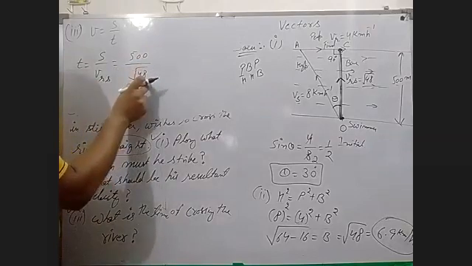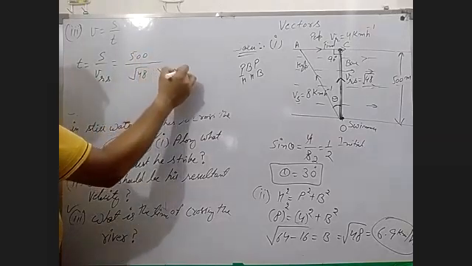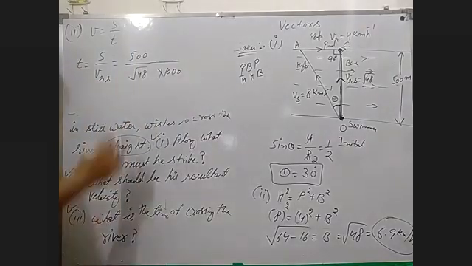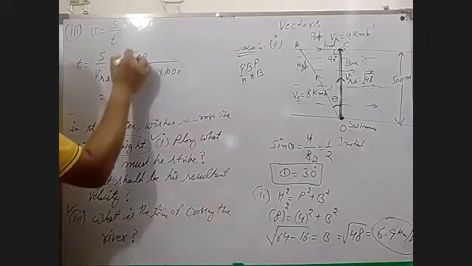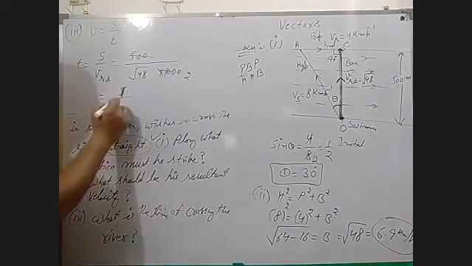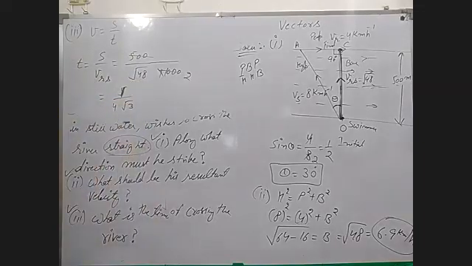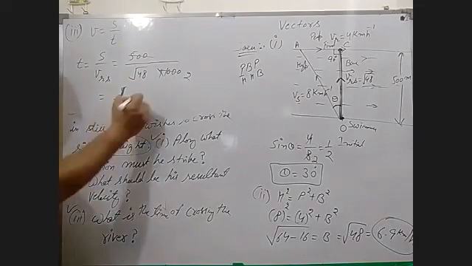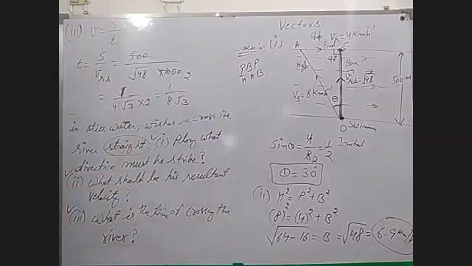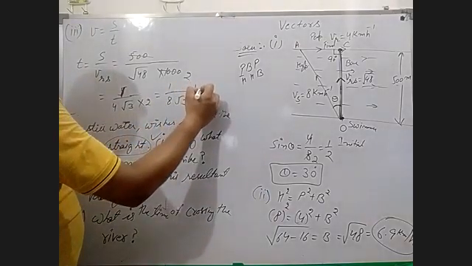But this value is in kilometers per hour. Now meter to kilometer, we can write in this way. Now all these things are in the correct form. 500 to 1 upon 48, 4 root 3 into 2, 1 upon 8 root 3 hours.